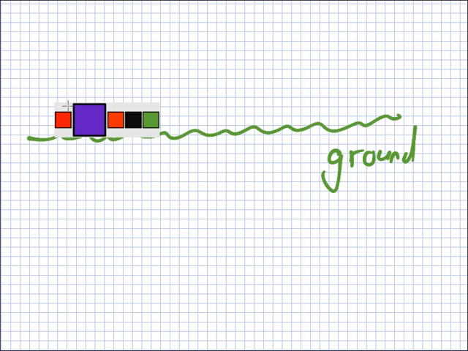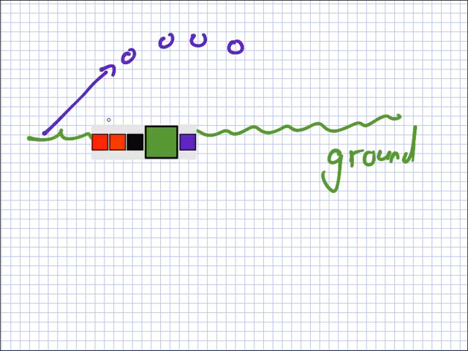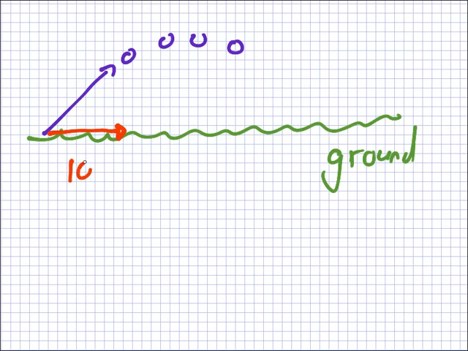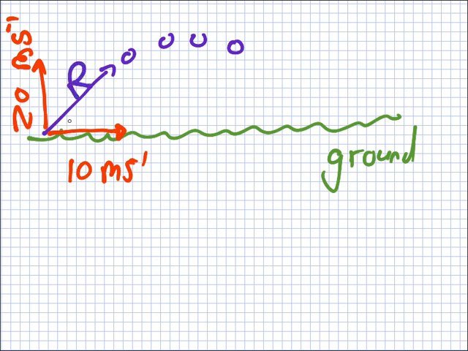Normally you have something that's being thrown, and I tell you that this component is 10 meters per second, and this component is 20 meters per second. I would like you to tell me the magnitude and the direction. Okay? I'll give you 1 minute to calculate this.